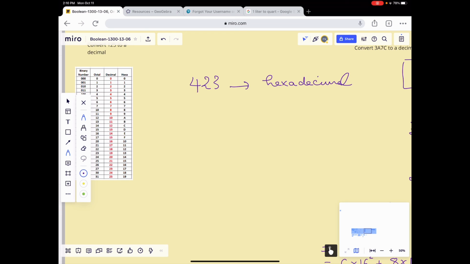So divide the decimal number by 16. You take 423, divide by 16, and the answer is 26, and the remainder is 7.